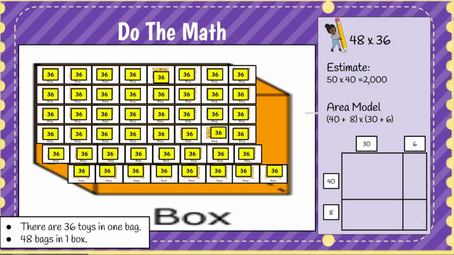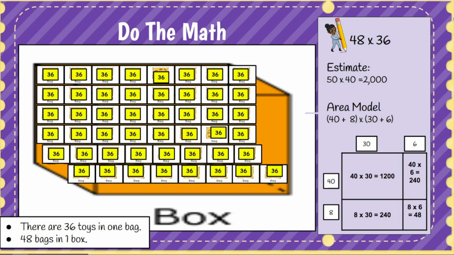Our first area is 40 times 30, which equals 1,200. 8 times 30, which equals 240. 40 times 6, which equals 240. And 8 times 6, which equals 48.